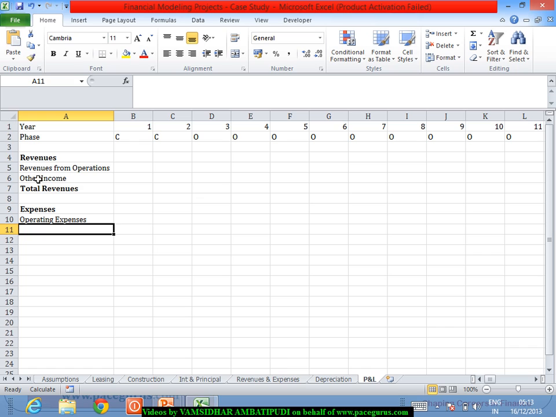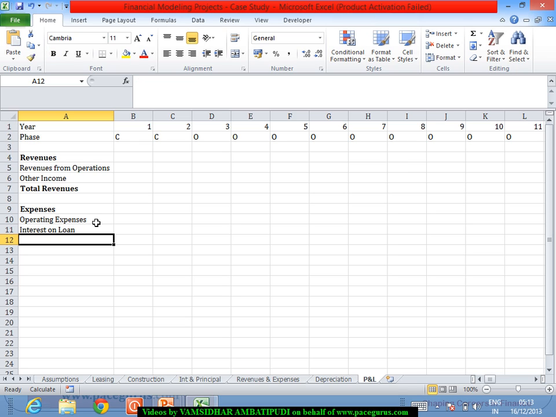The revenues go into revenues from operations, the expenses go into operating expenses. Apart from that, what else do we have as expenses? We have interest on loan, right? Interest on loan is an expense.